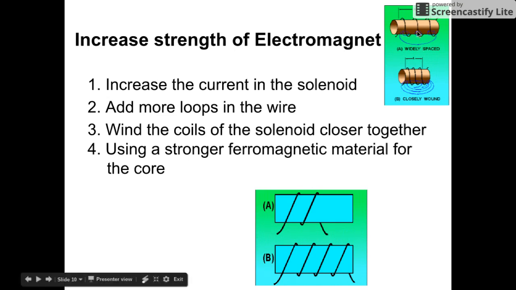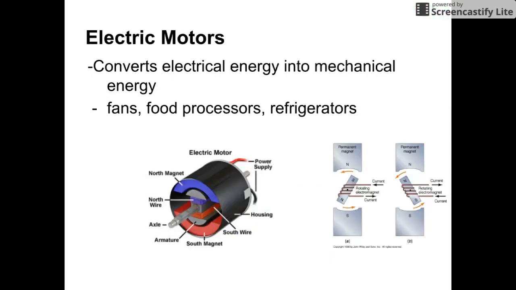Now, motors are something that takes electrical energy and turns it into mechanical energy, again, by using something spinning. We're using the magnets to create motion, something to maybe drive the fan blades, to turn wheels in a car, those kinds of things if you're using an electric motor.